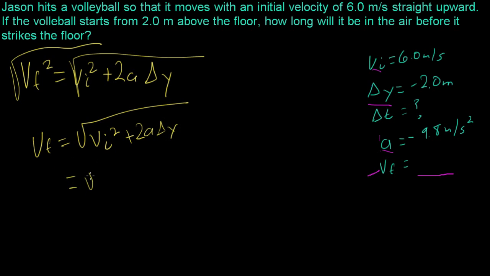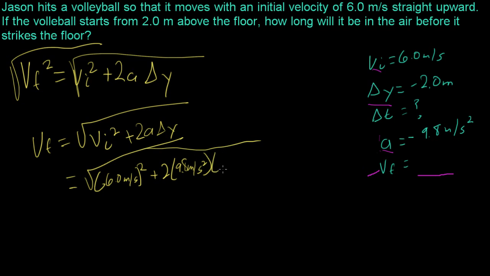So we just plug in. It's going to be 6 meters per second, squared, plus 2 times 9.8 meters per second squared times delta Y, so times negative 2 meters.